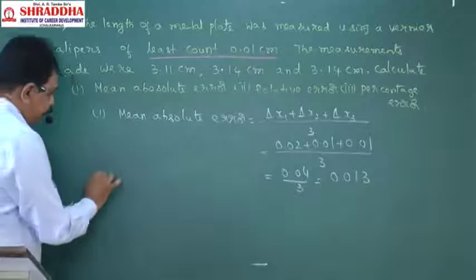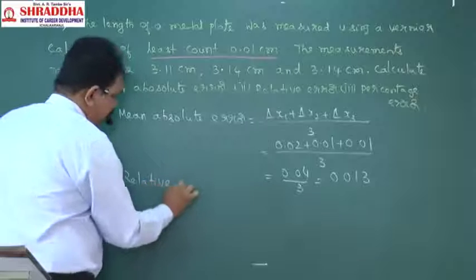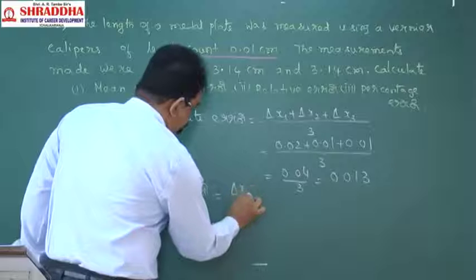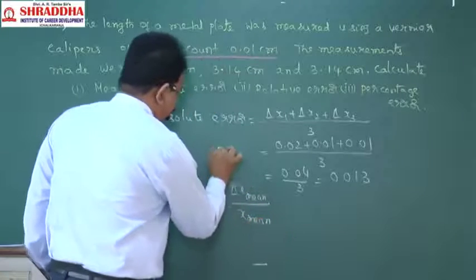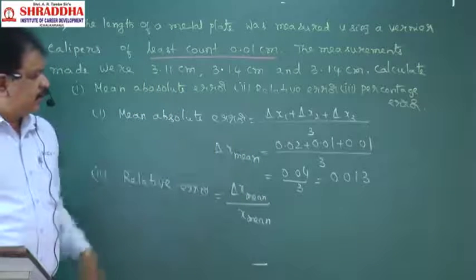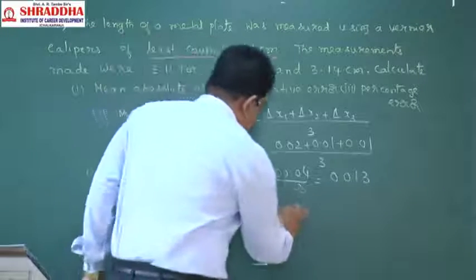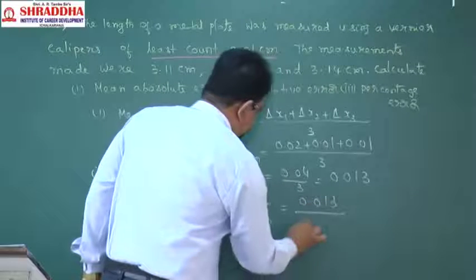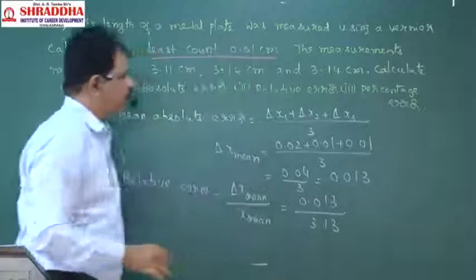Next, second one, relative error. Relative error is equal to delta x mean by x mean. This is delta x mean value. How much we got? 0.013 divided by x mean value, which is 3.13.